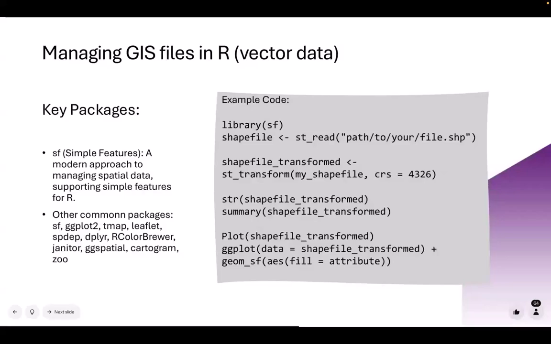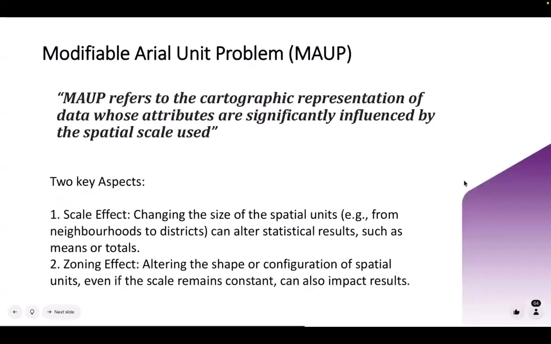Now, while vector data excels in representing the geometry of spatial features, it does introduce us to a very complex interplay between spatial accuracy and spatial analysis. And this interplay is where we encounter the modifiable areal unit problem, which is a fundamental challenge in spatial analysis that affects our interpretation of spatial data.